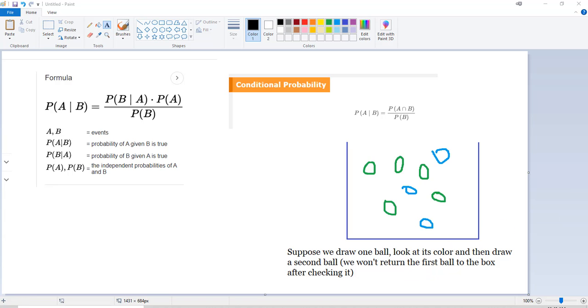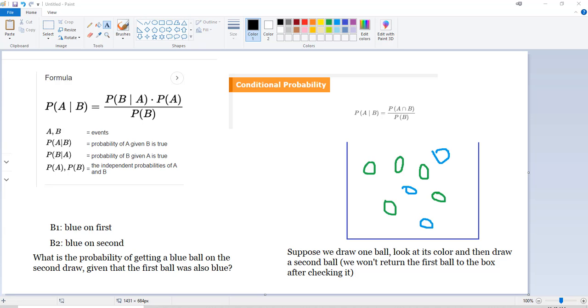So we might ask a question like this: what is the probability of getting a blue ball on the second draw, given that the first ball drawn was also blue? Let's write that as two different events. Let's call B1 the event that we got a blue on the first ball, and B2 the event that we get a blue on the second ball.